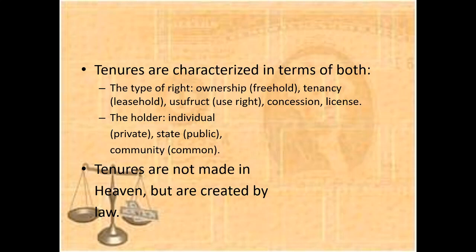As well, in the tenure right you also have the tenuree, the holder: individual, private, whether it is privately owned, state owned, or community owned, etc. So in tenurial rights, you have all these things to be defined.